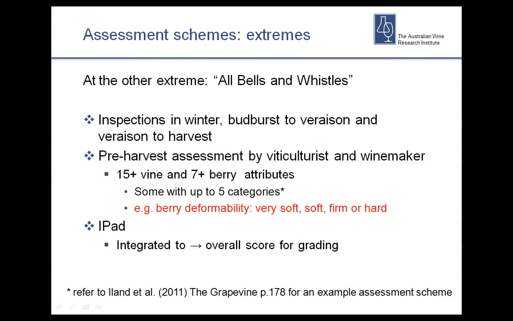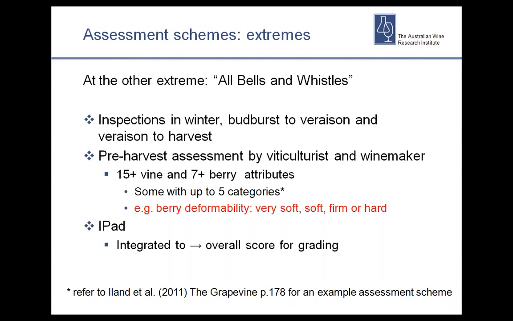At the other extreme, we can have assessment schemes that we can call all bells and whistles. And these may comprise inspections in winter, and again from between budburst to veraison, and again at veraison to harvest. The pre-harvest assessment may be done by both viticulturist and winemaker, and there may be 15 or more vine attributes and 7 or more berry attributes in these schemes.